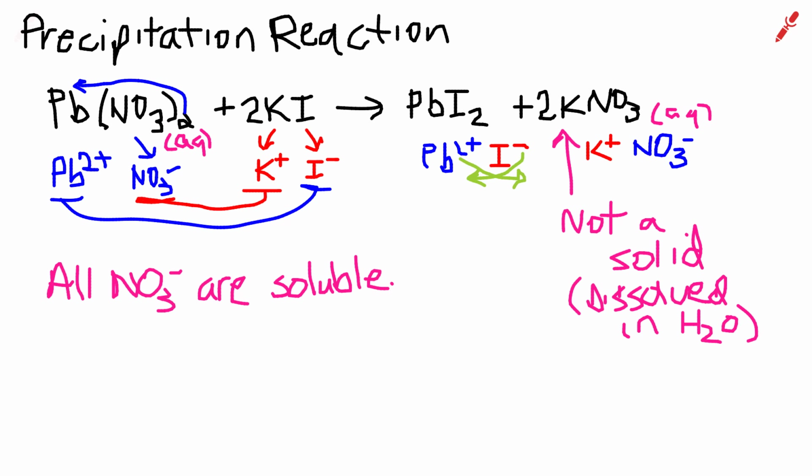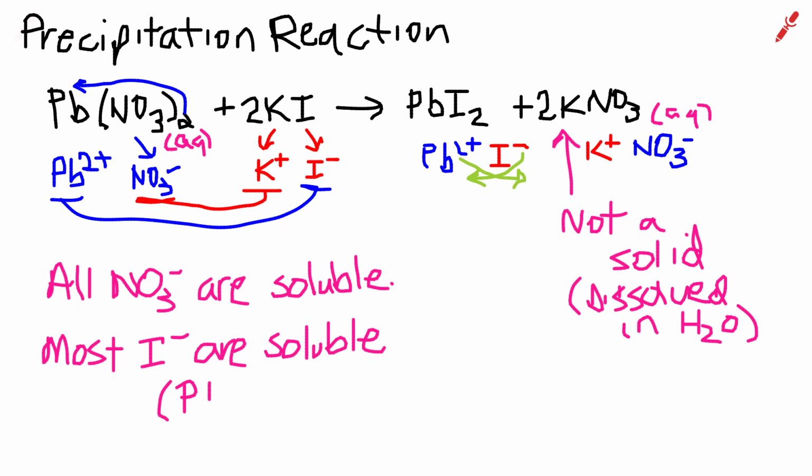Rule 3 in our notes says that most things that have iodide in them, most ionic compounds, are soluble, except for a very few specific ones. And always check the exceptions. It says AgX, that means silver paired up with iodine, mercury paired up with iodine, or lead paired up with iodine.